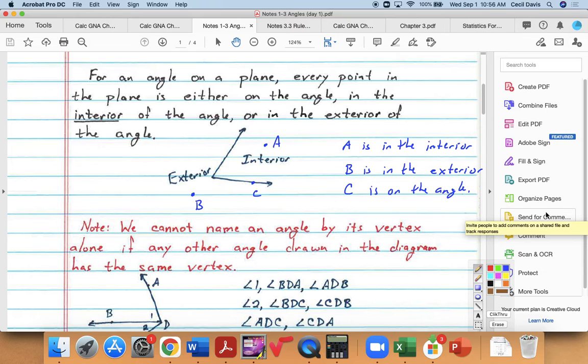So every point on your piece of paper, once you've drawn an angle, is either in the interior, in the exterior, or on the angle. One of those three.